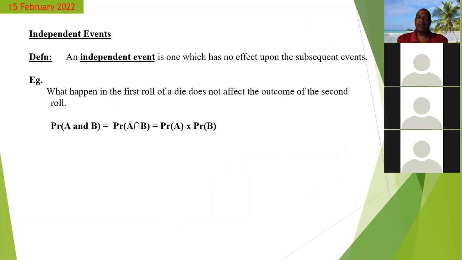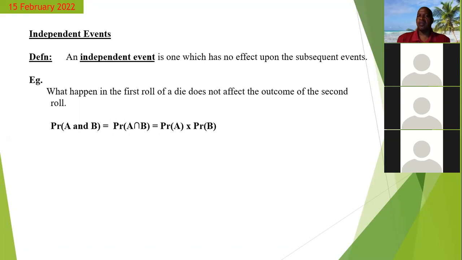Now we have independent. And after this, we're going to look at what we call dependent events. So what is an independent event? An independent event is one which has no effect upon the subsequent event.